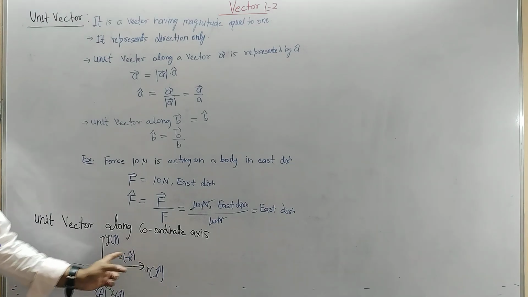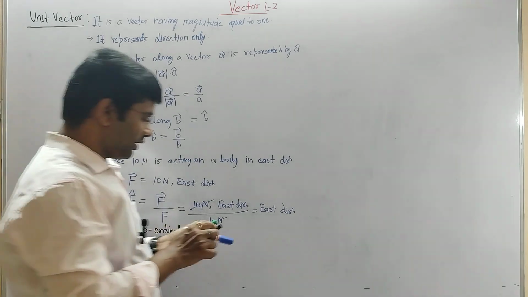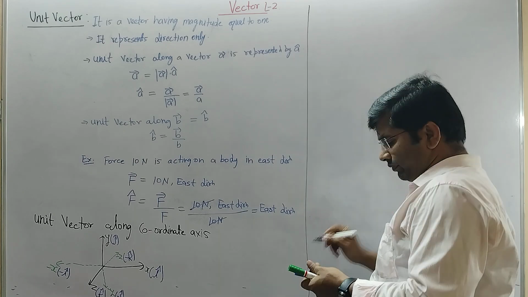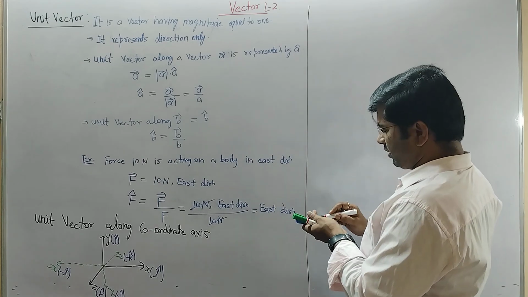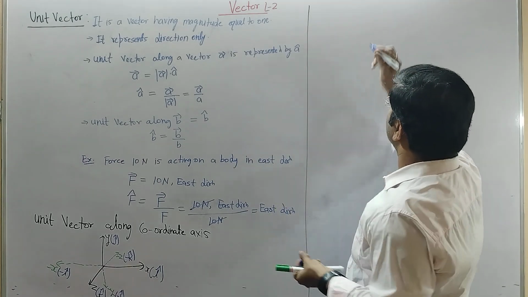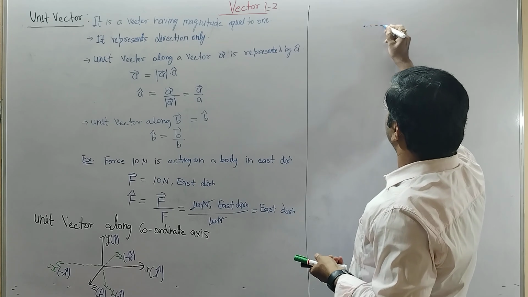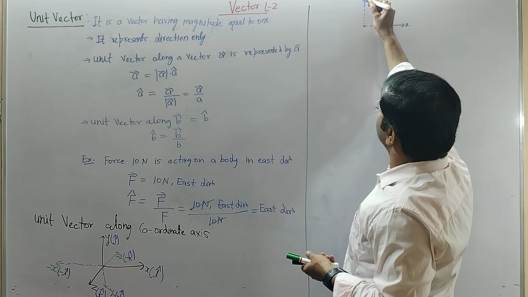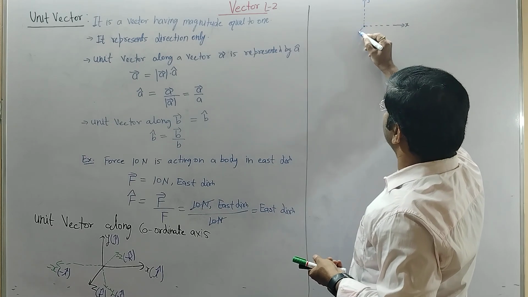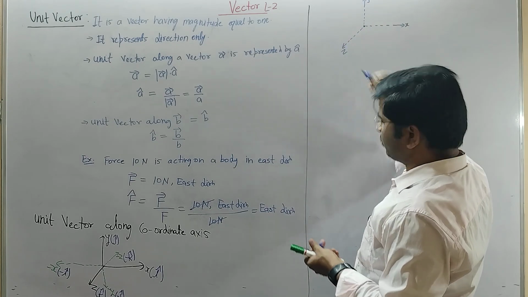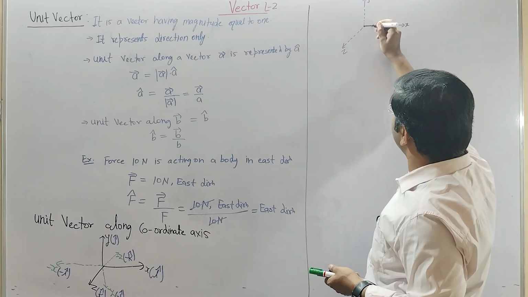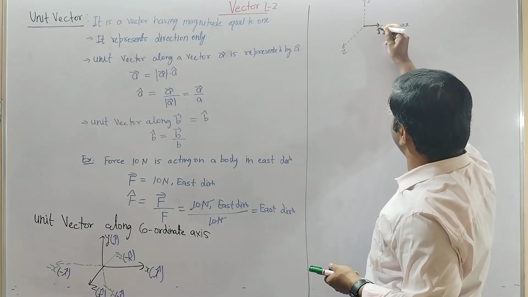Along the x axis, if there is a unit vector, I will write like this. This is the x axis, this one the y axis, this one the z axis. So the unit vector along x direction I will represent as I cap.